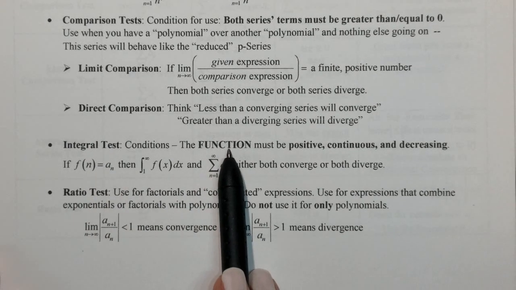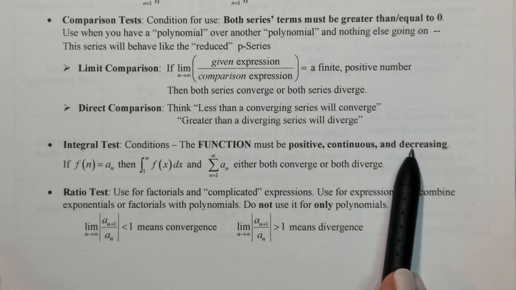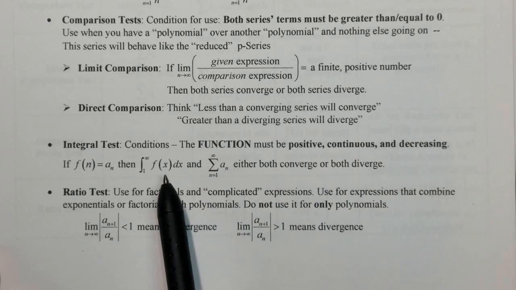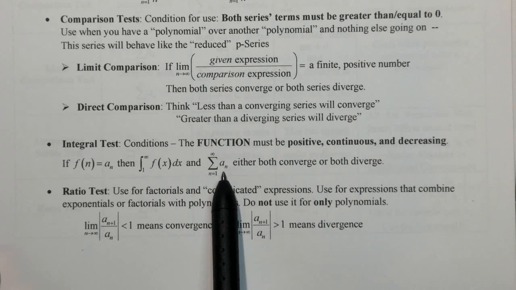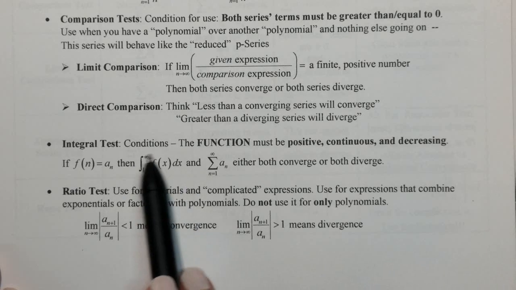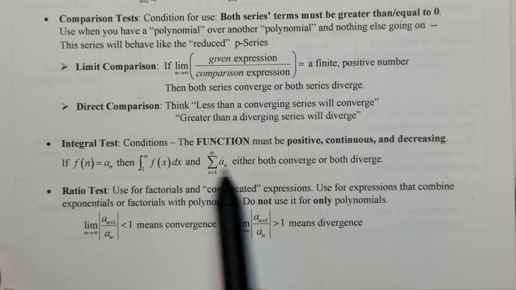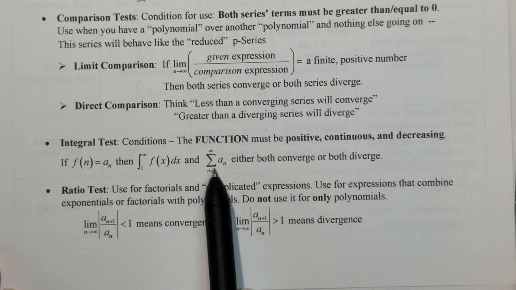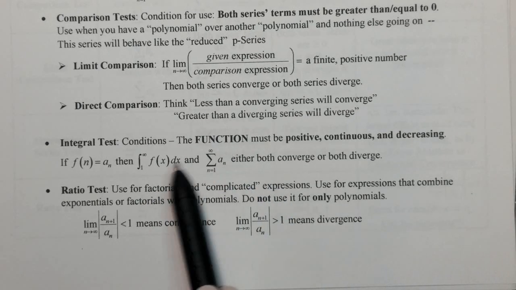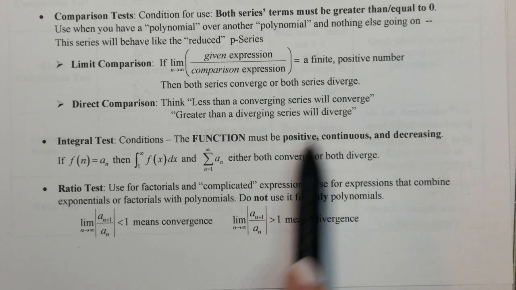If the function is positive, continuous, and decreasing, then the series does whatever the integral does. They either both converge or both diverge, as long as the function is positive, continuous, and decreasing. Those are the magic words.